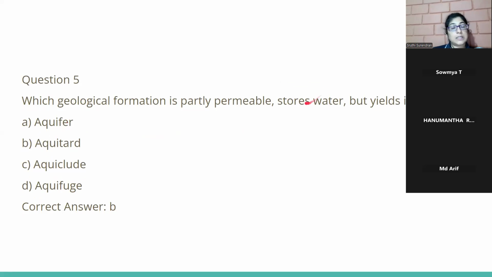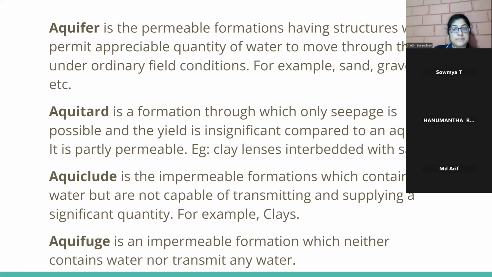Aquifer is when it has good capability to store as well as yield water. Aquifuge is when it can neither store nor transmit water. Aquiclude is when it can store water like clay, but it cannot transmit water. These explanations for these terms have also been discussed several times. So please go through the examples as well as what all these formations are.